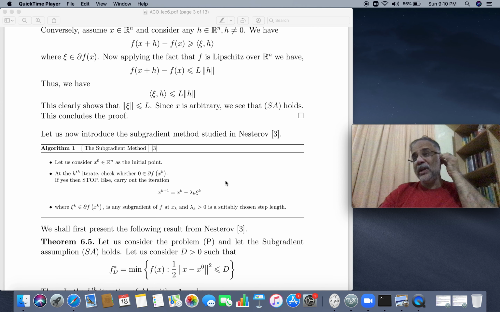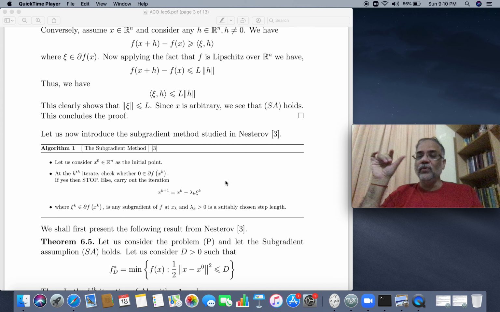I might say that, okay, I take a very, very small alpha naught. If I can find a norm of psi k which is less than alpha naught, I will say that we can take that point as an approximate kind of solution. But from an idealistic point of view, I should check whether 0 is in del f(x_k) or not.